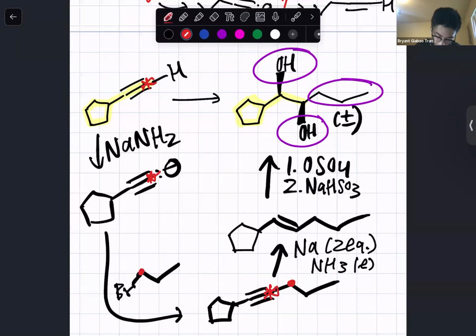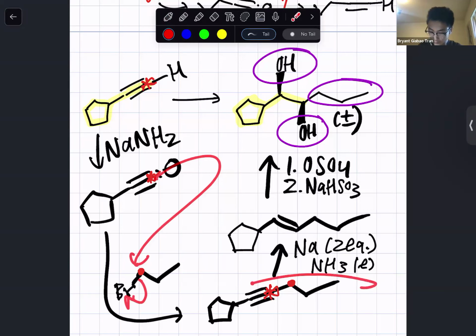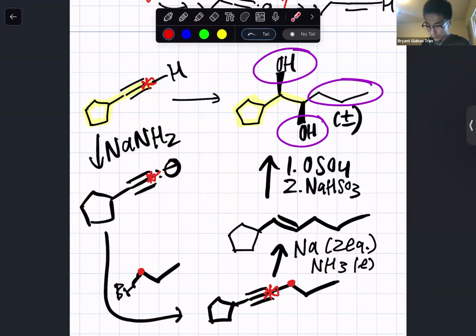This is the dotted carbon right there, where this nucleophile is just going to attack that electrophile, kick out that bromine in an SN2 reaction, and give us this extended alkyne. From there, we reduce that to the trans alkene using sodium metal, two equivalents of it in liquid ammonia. And then we do dihydroxylation to give us this syn vicinal diol, where the alcohols are on adjacent carbons on the same side, right?